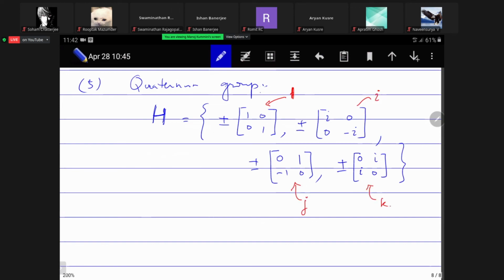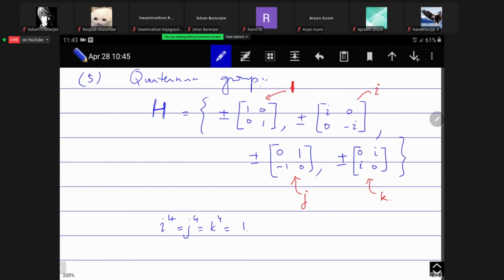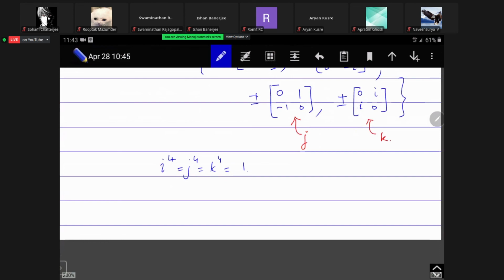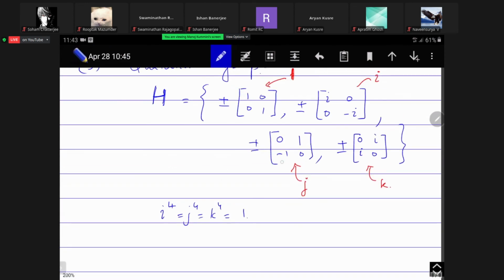So then i to the 4 equals j to the 4 equals k to the 4 is identity. That one can easily check. For example, i squared would be minus 1, minus 1, and j squared would be minus 1 as well.